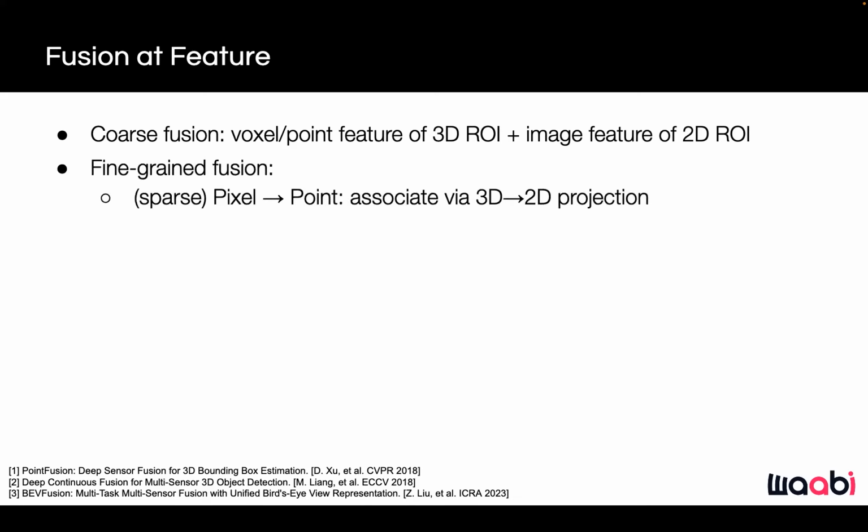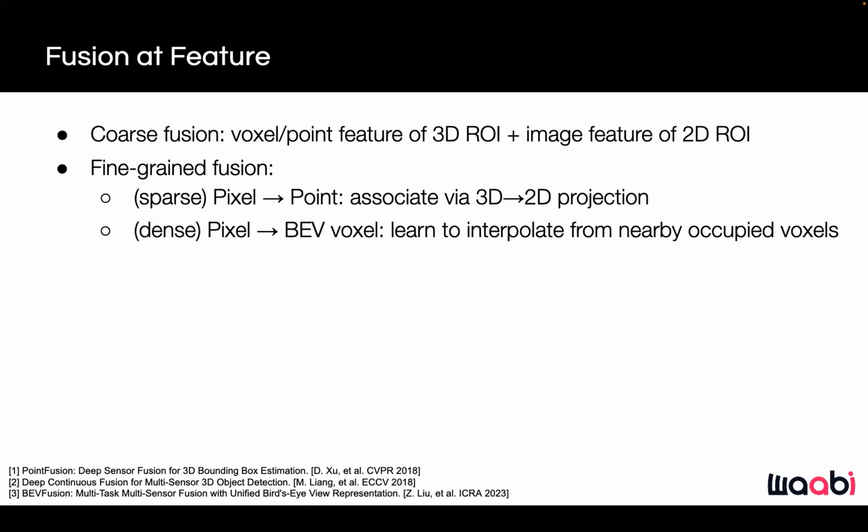For pixel-wise fusion, the most straightforward implementation is to fuse pixel and point features by projecting LiDAR points onto the image plane. However, since the LiDAR points are sparse in 3D, only occupied locations have gathered complementary information from the camera image. This can be addressed with a dense camera to BEV view transformation via deformable attention or discrete depth estimation.